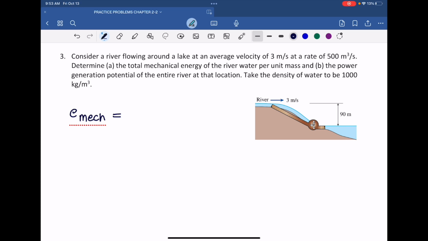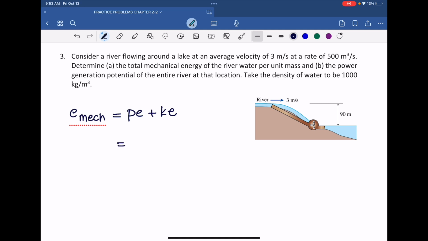It seems like it might be negligible in that case. Since the problem statement doesn't give me any information about that, I'm going to cancel that term. I'm just going to use the potential energy and kinetic energy. The reason is they give me the velocity, so kinetic energy should be included. And there's also the potential energy, of course, the main contributor to doing work here. So I'm going to include potential and kinetic energies in my calculation.